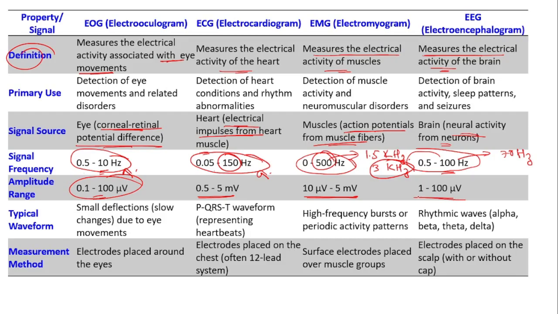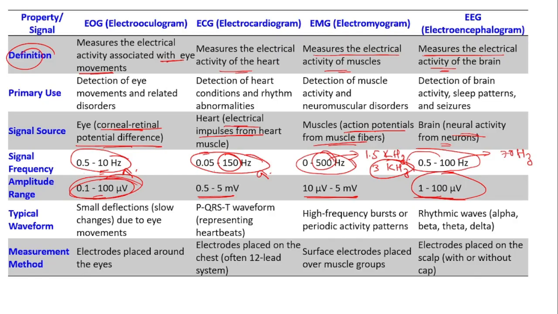So if you look into the EEG and EOG, we have very low voltage, and here we have to have an amplifier which has a very high amplification.